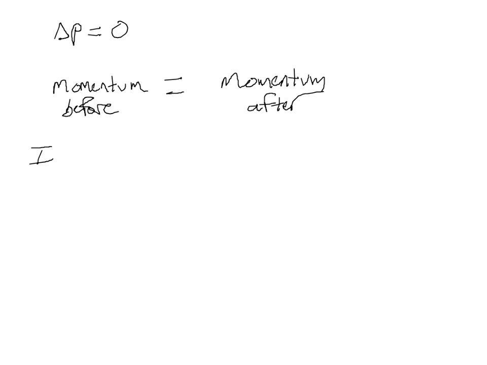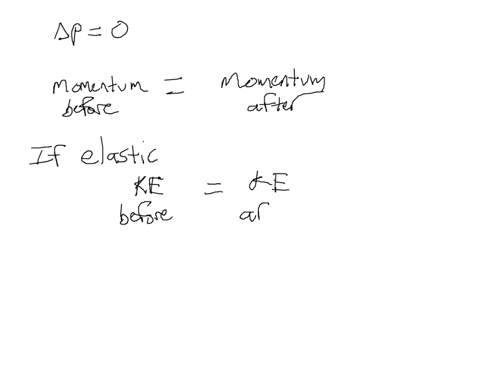If, and only if, the collision is elastic, or you're explicitly told that kinetic energy is conserved, then you may also write kinetic energy before the collision equals kinetic energy after the collision.